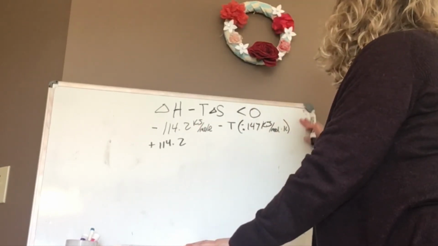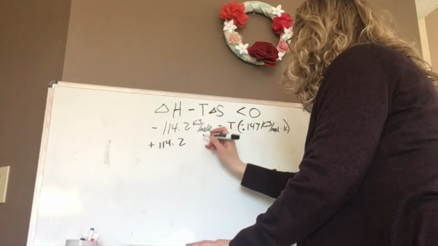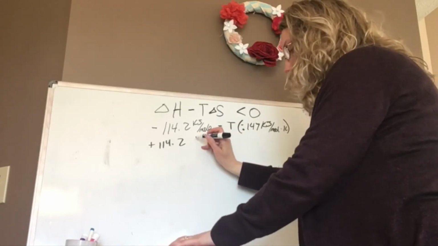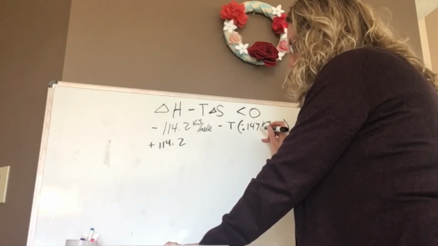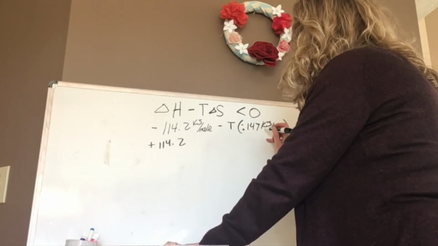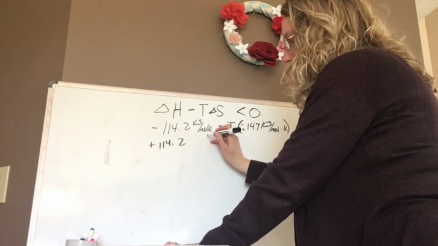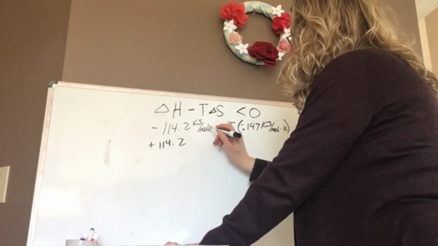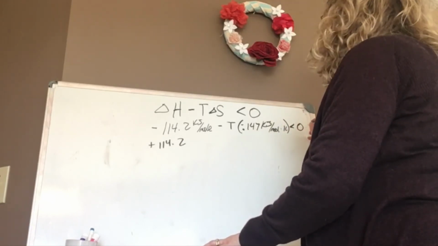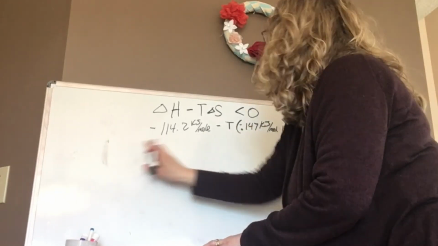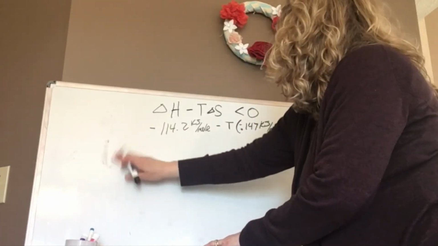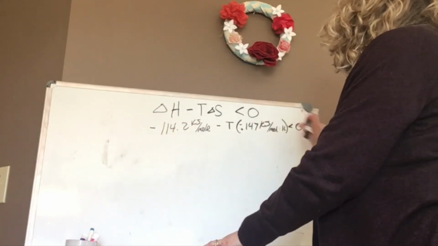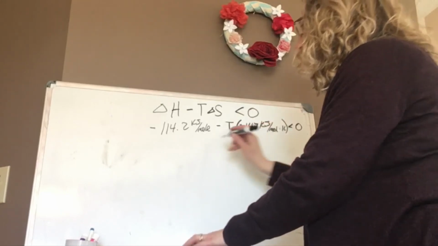I do so much better with actual numbers than negative zeros. T times that is less than 0, and they flipped the sign. So I'm going to rewrite it: they added 114 to this side, but that left a negative number, so I'm just going to switch my numbers.